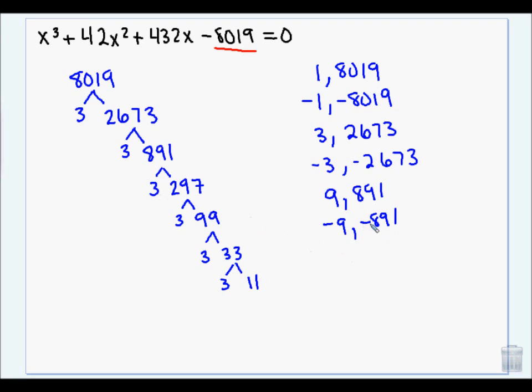And then I have another 3 that I can take from here and give here. So I have 27 times 297 and -27 and -297. And then times 3 again. So I have 81 and 99.